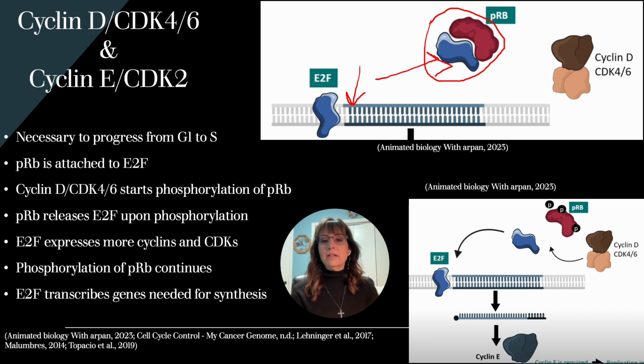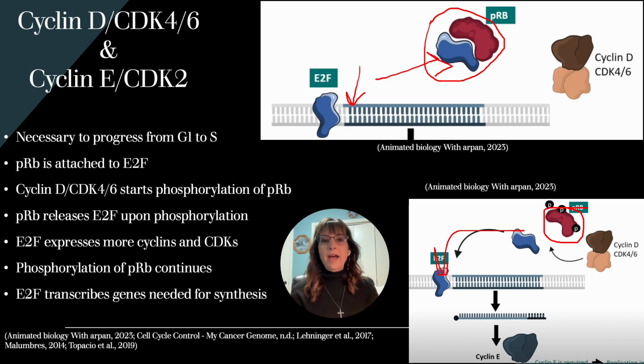This is where cyclin D CDK4/6 comes in. The cyclin D CDK4/6 phosphorylates, as you can see down here in this picture, phosphorylates the pRB protein, which then releases the E2F, which can then go on and do its job.